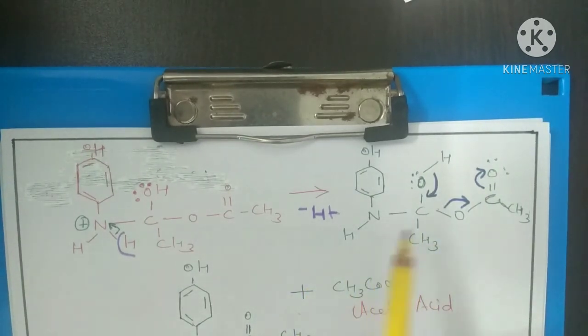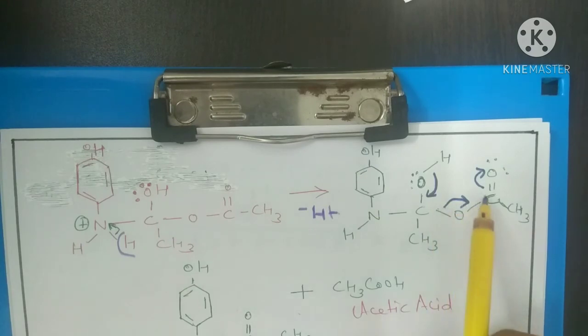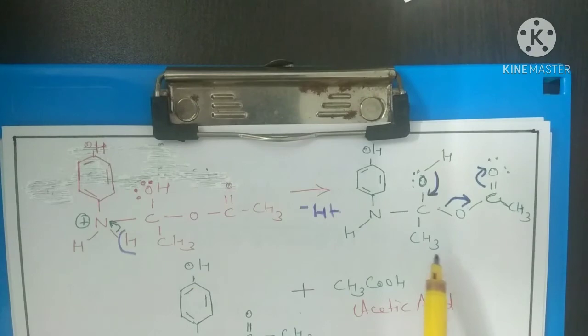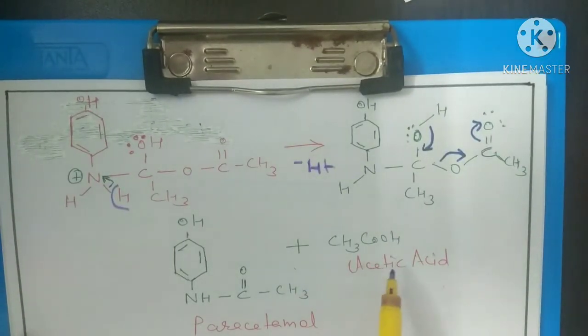Now the bond between the oxygen and hydrogen will shift towards carbon, and the carbon-oxygen bond will shift, so that we get paracetamol plus acetic acid. Okay, this is the mechanism of synthesis of paracetamol.